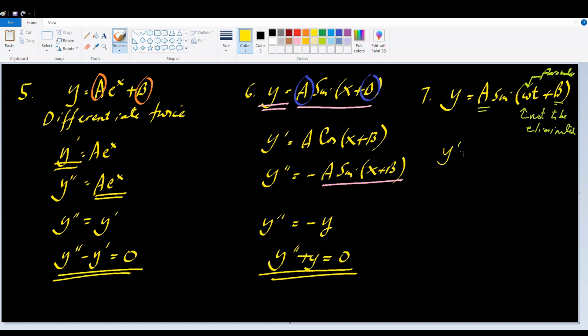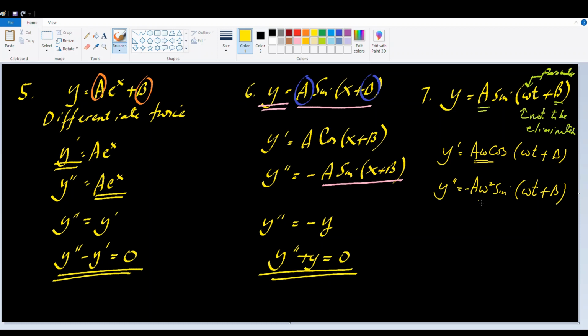So y prime is equal to a, the derivative of sine is cosine of omega t plus b. But by chain rule, what is the derivative of omega t plus b? That is omega. Alright? So y double prime is a omega, a constant, times the derivative of cosine, which is negative sine of omega t plus b. Again, by chain rule, the derivative of omega t plus b is omega, so it becomes omega squared.